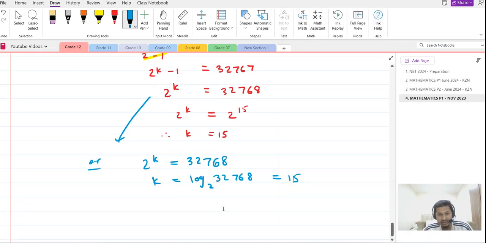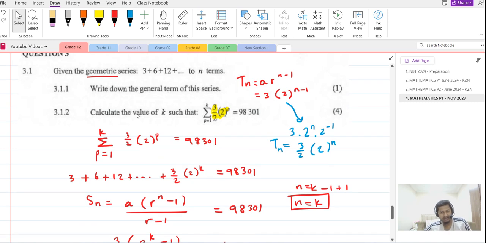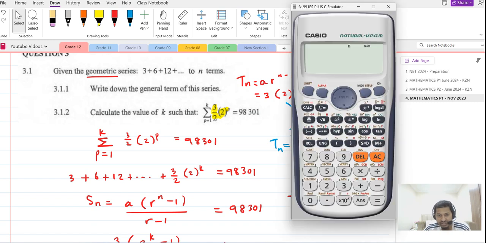Anyways, so the value for k is 15, right? So calculate the value of k such that that's true. So the value of k is 15. You can check it up in the sigma notation, right?